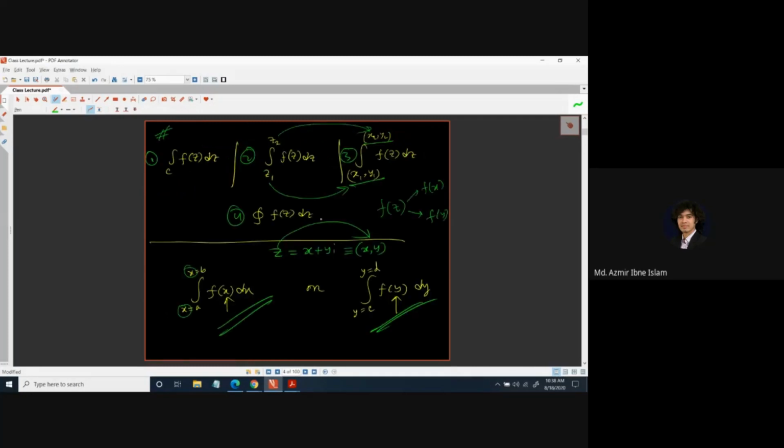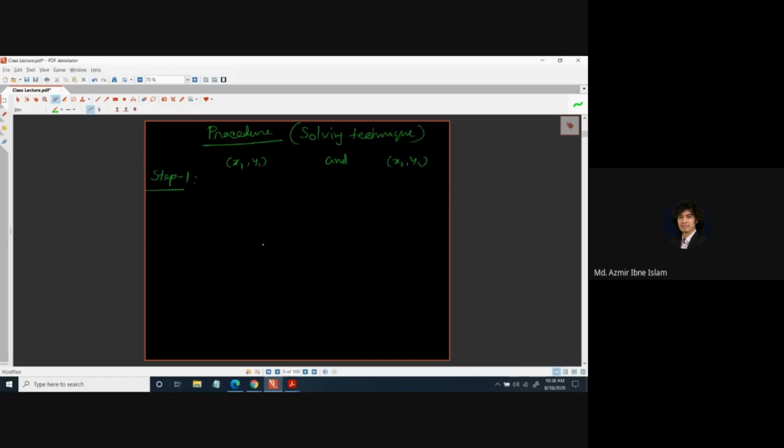Our target is to find the limits of integration. That is, we need to find either for x or y. We need to find x limits or y limits. But we can't keep both x and y. So what we have to do is check, here we have z1 and z2, which variable is changing, x or y.